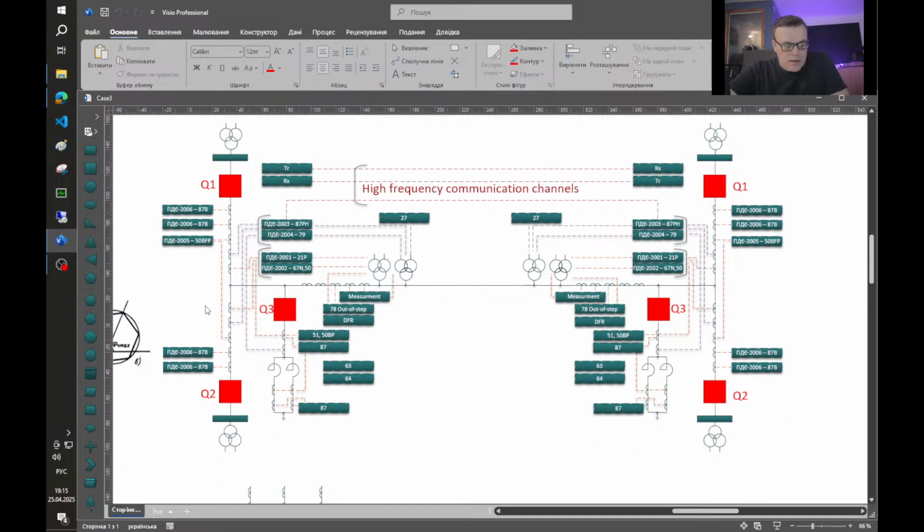And there is a very complex interaction between all of these protections, and these transmitters and receivers.